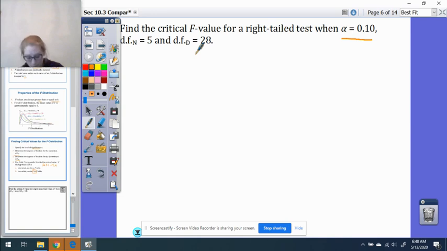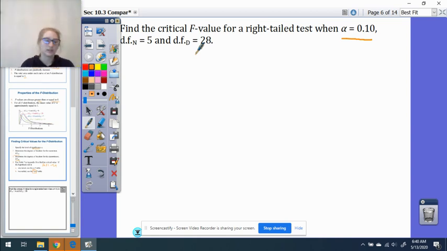So you're going to go to your appendix, and in the chart, it's a big chart, okay?